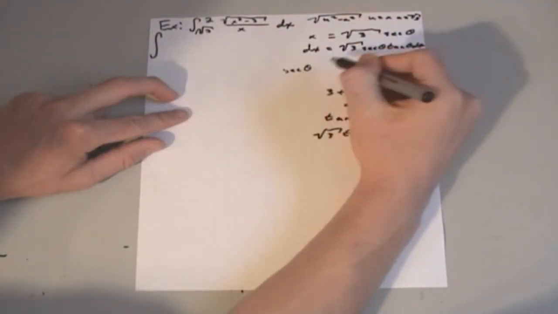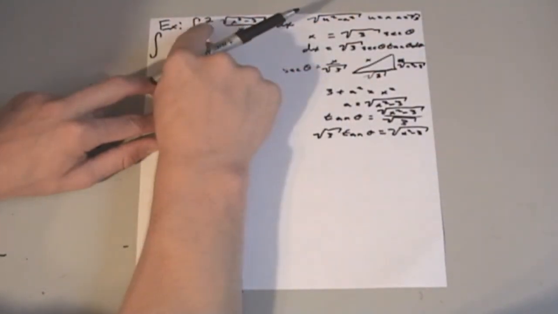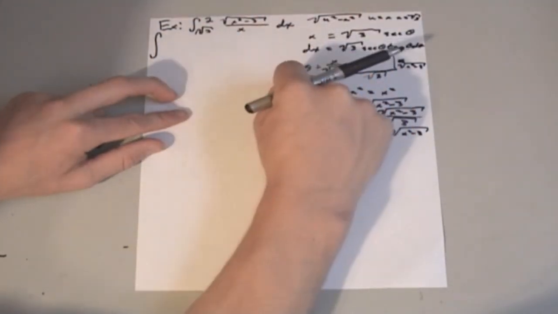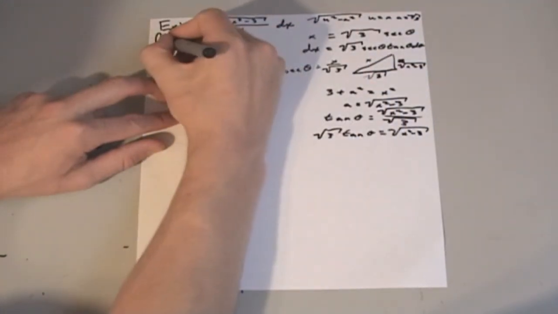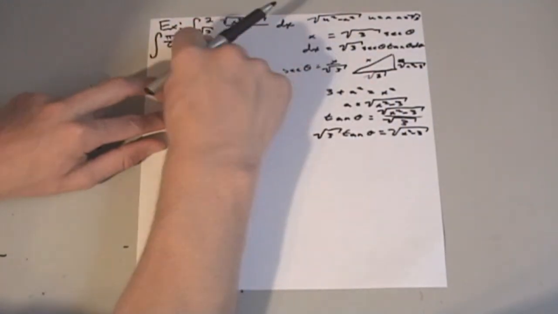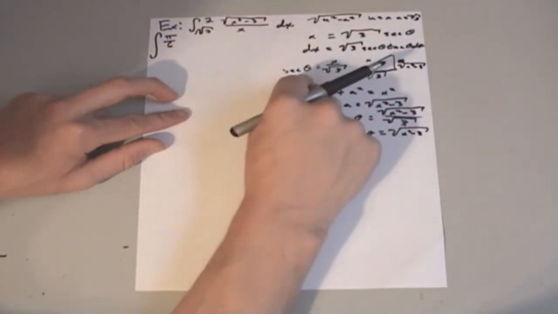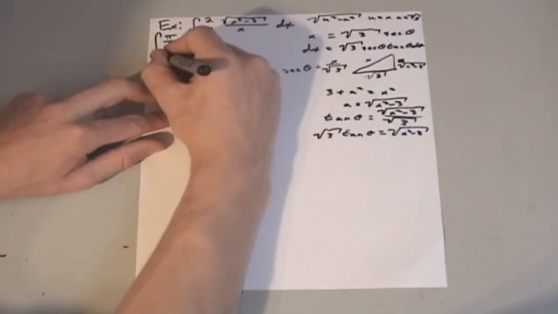So we say secant theta is equal to x over square root of 3. Start off with the 2. When we replace 2 in for x and take the inverse of secant, we get pi over 6. When we put square root of 3 in for x, secant of theta equals 1. Theta then will equal 0.